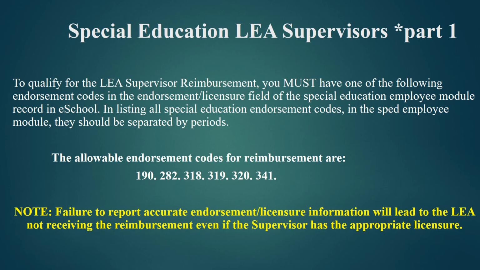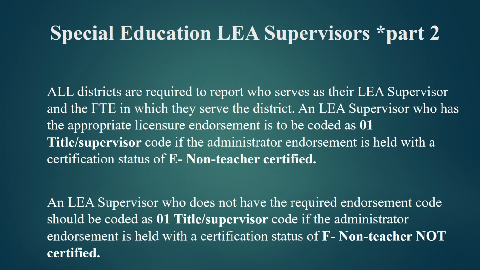To qualify for the LEA supervisor reimbursement, you must have one of the following endorsement codes in the endorsement licensure field of the special education module in eSchool. In listing the special education endorsement codes, please make sure that they are separated by periods. All districts are required to report who serves as their LEA supervisor and the FTE in which they serve the district.